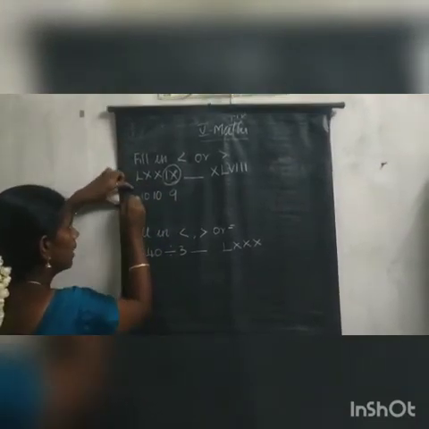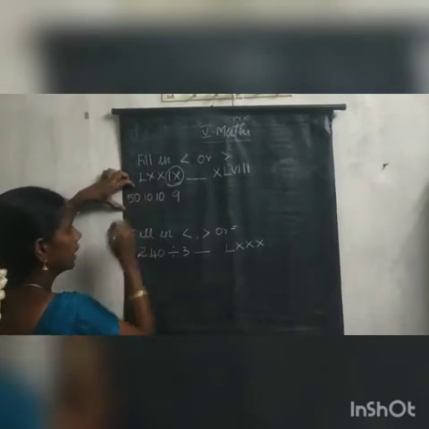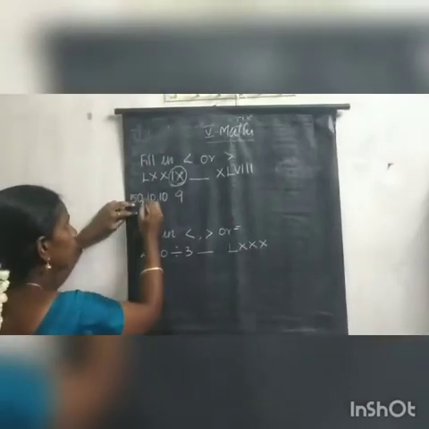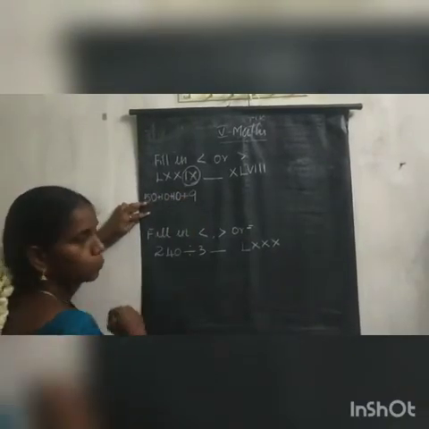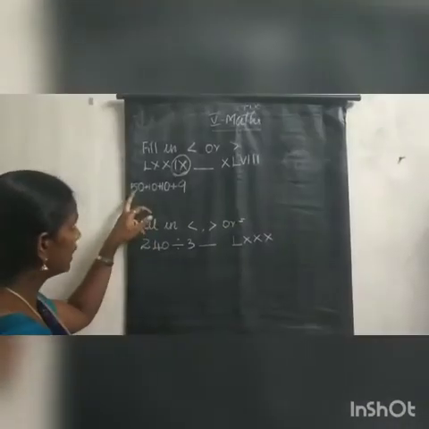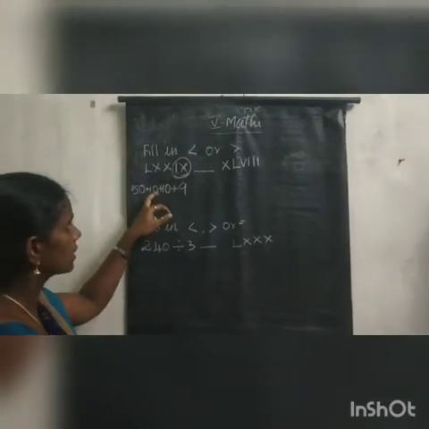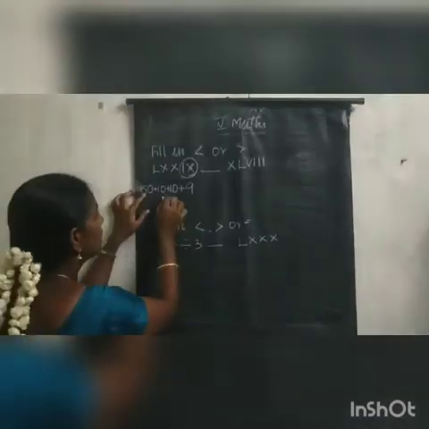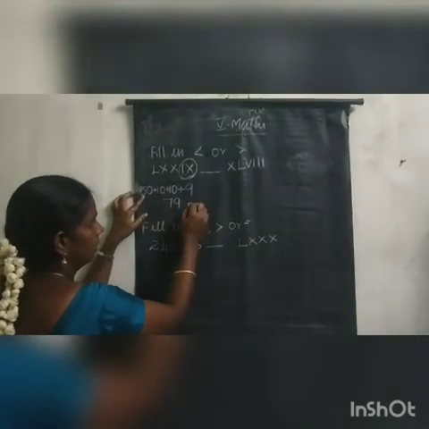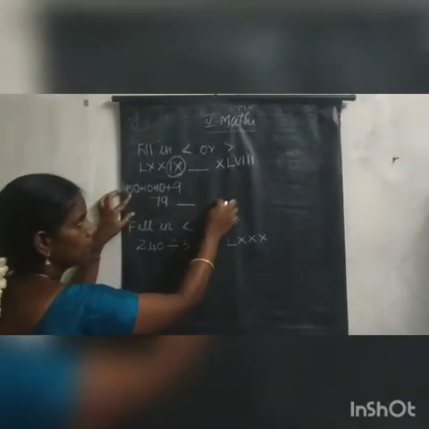This represents number 50. Now we want to add each value. 50 plus 10, 60. 60 plus 10, 70. 70 plus 9 will be 79. Dash. Now come to this one.